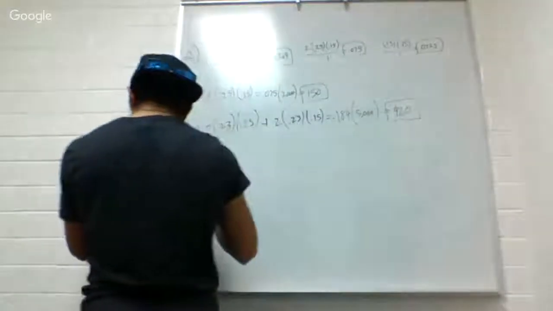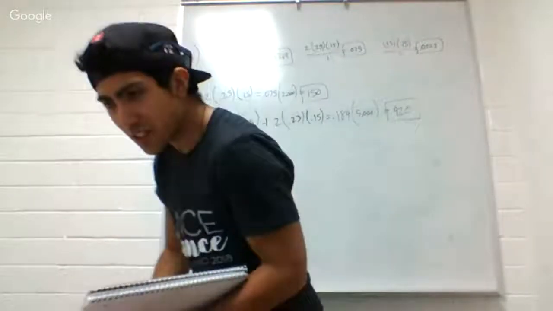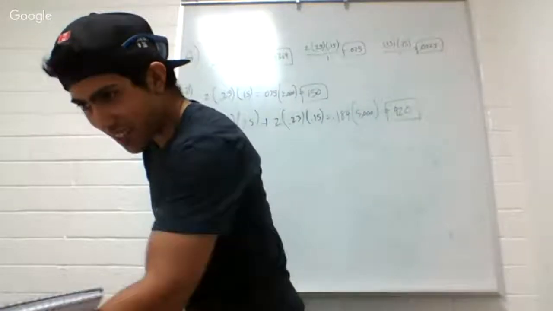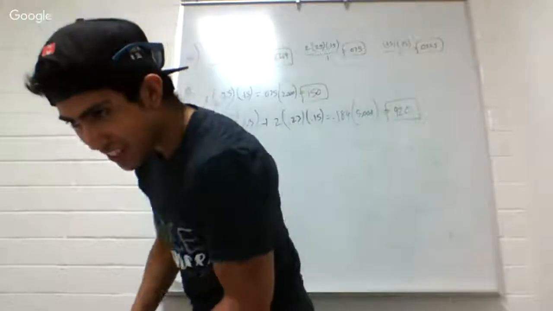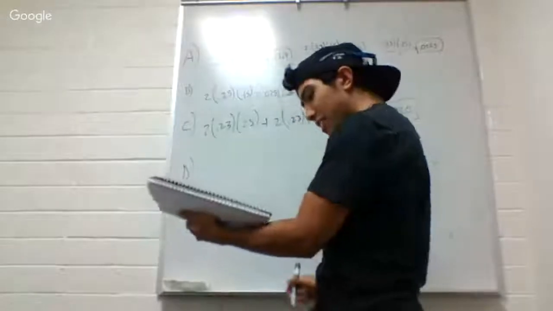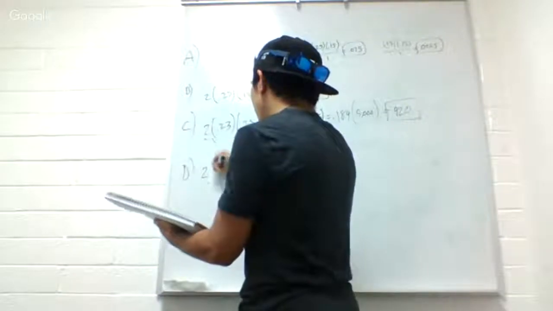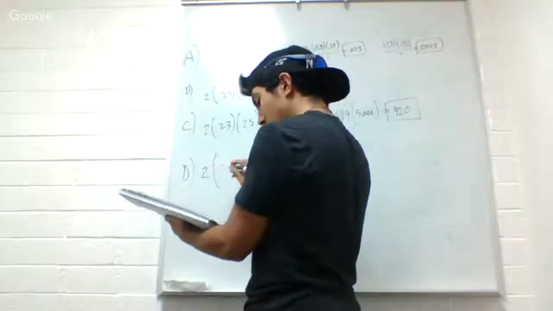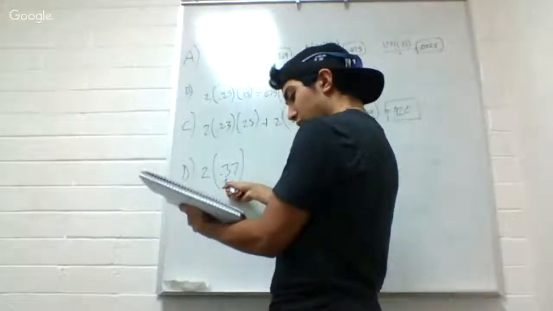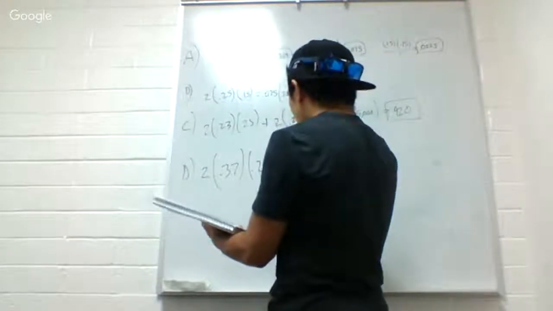And then to finish this off with D, among the population of 15,000 dogs, how many would you expect to have the heterozygous chinchilla or an albino genotype? We would start off again with this situation. 2 times 0.37 for the CCH gene times 0.25 for the CB gene.